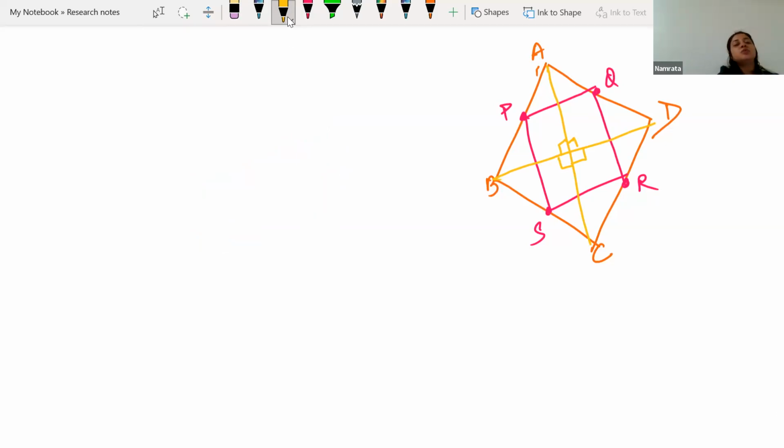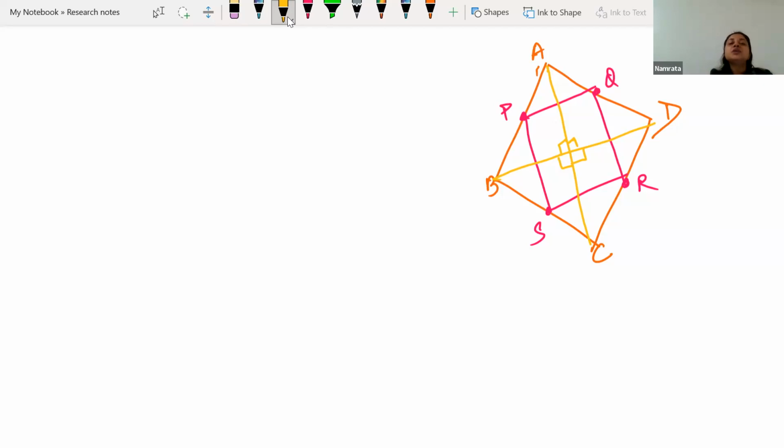Easily we will be able to prove that by using the midpoint theorem. That triangle, this triangle, both are parallel and equal to half of AC. And then we can compare: PQ is parallel to RS, PQ is equal to RS, hence it's a parallelogram. So using the midpoint theorem, we can easily prove that it's a parallelogram.